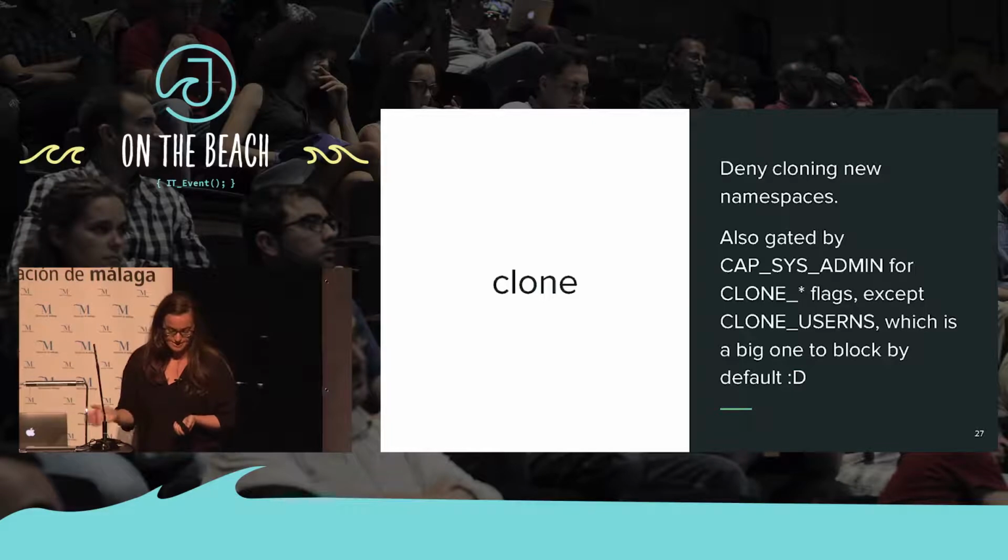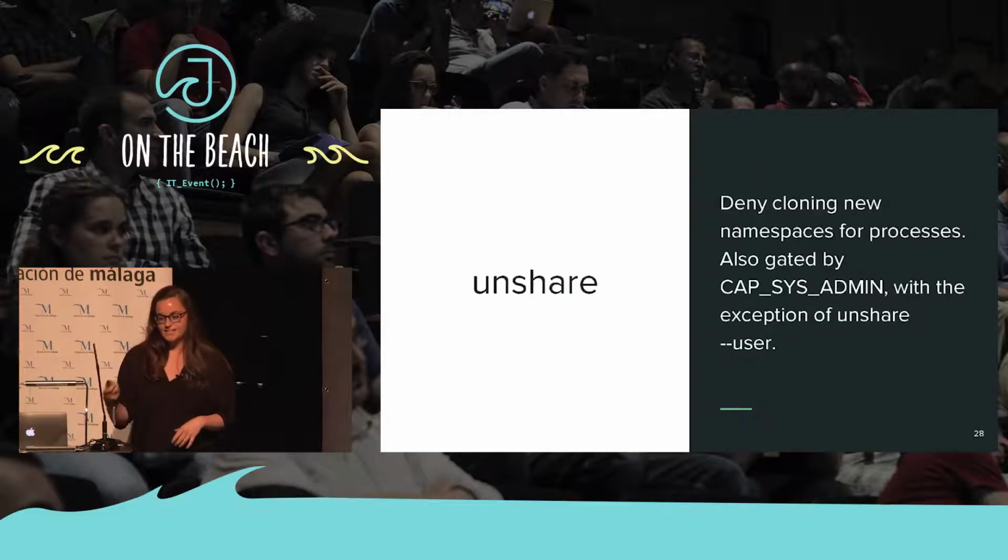There's this horrifying history with user namespaces and a bunch of vulnerabilities, so we wanted to make sure that you couldn't nest those inside containers. If you look at the past vulnerabilities of Linux, a large percentage of them have to do with ptrace and cloning new user namespaces. And then unshare is for the same exact reasons, because you can get another user namespace and then just do bad stuff.